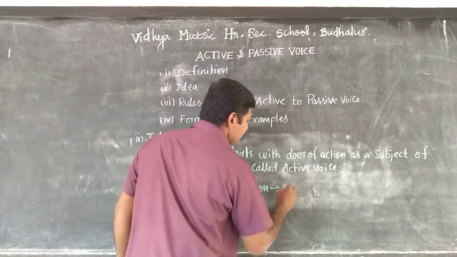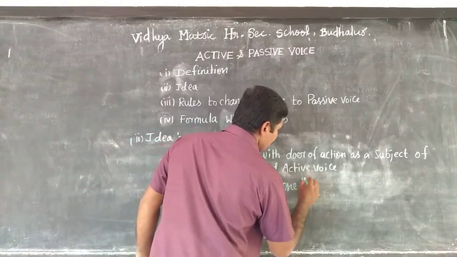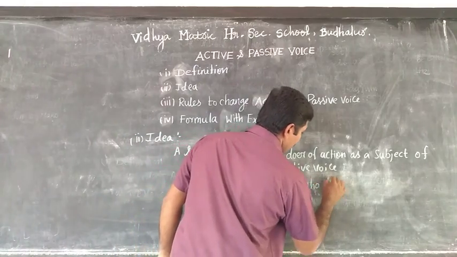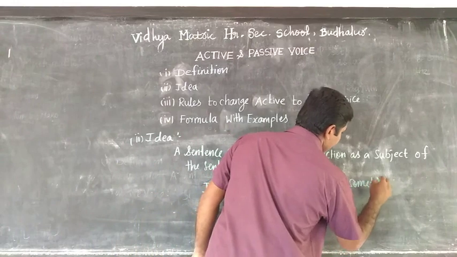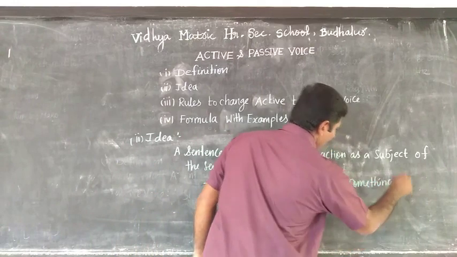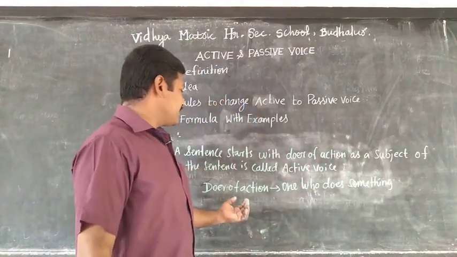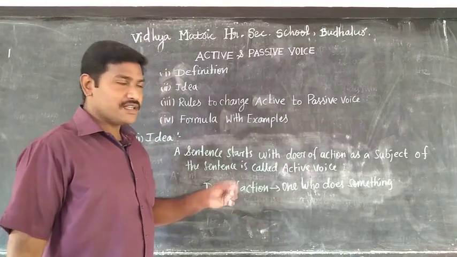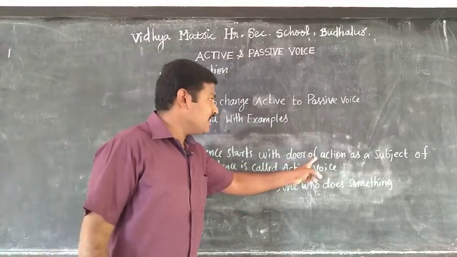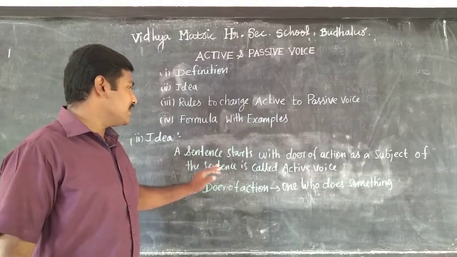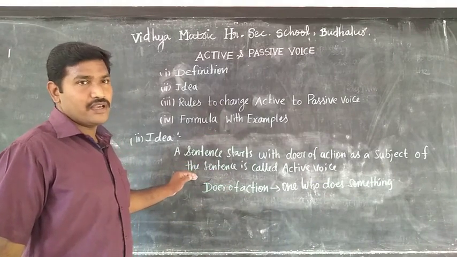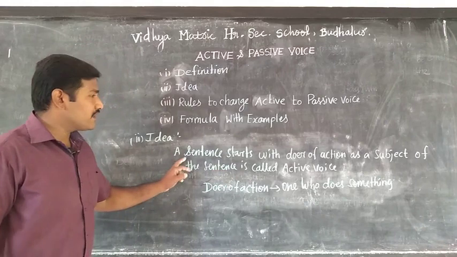One who does something is called doer of action. In that sentence, the doer of action as the subject of the sentence is called active voice. That is the idea for the active voice.